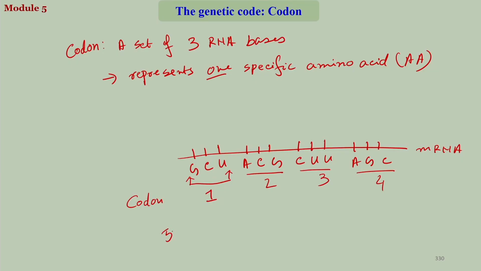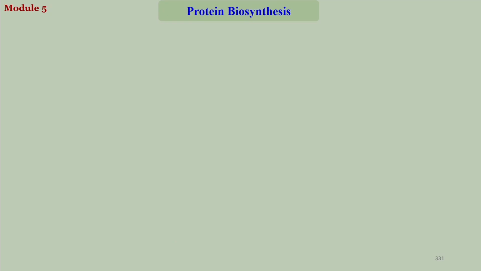Similarly, you can also write down the codons not using the mRNA, but the original DNA, the original 5 prime to 3 prime sequence of DNA, to represent codons. The 3 base pair sequence you can pick up will also represent a codon.